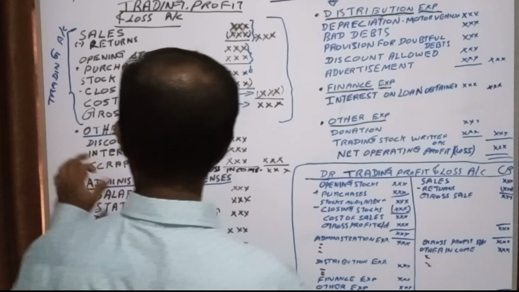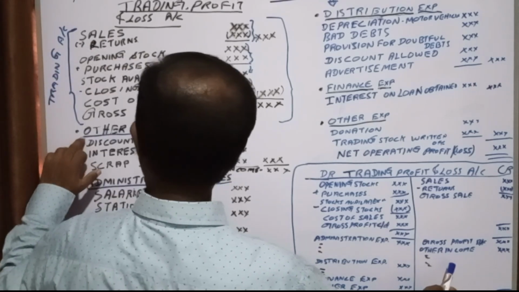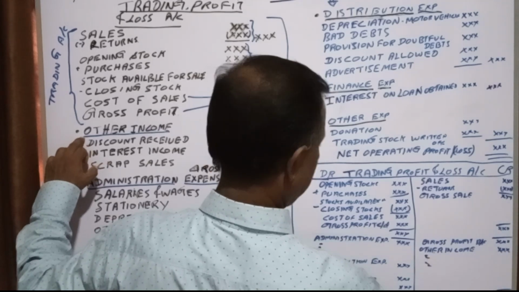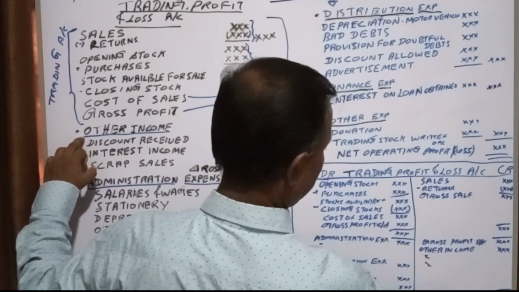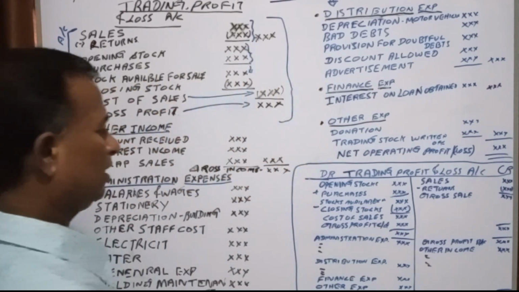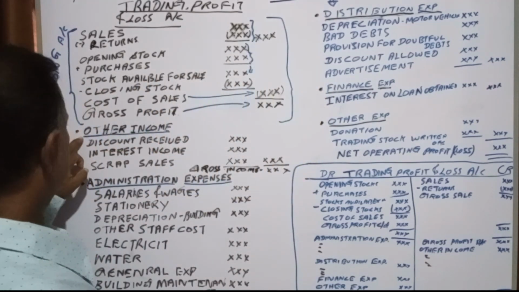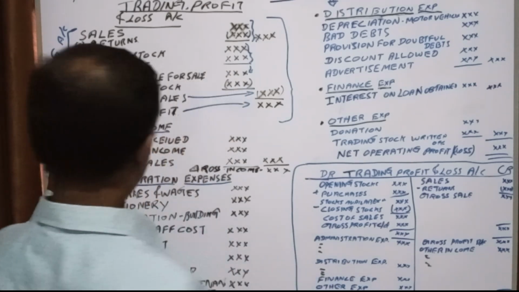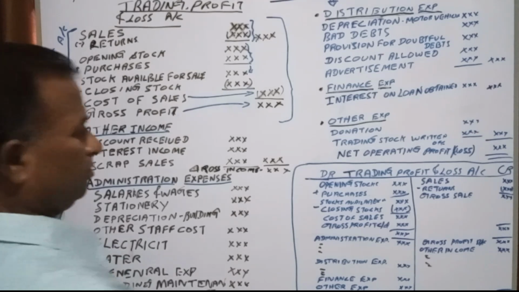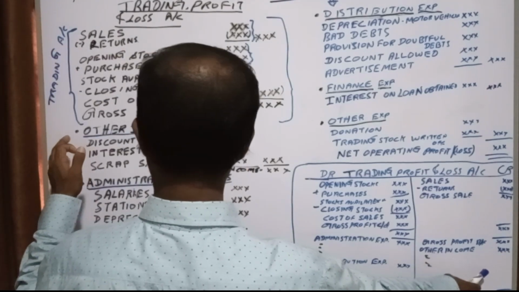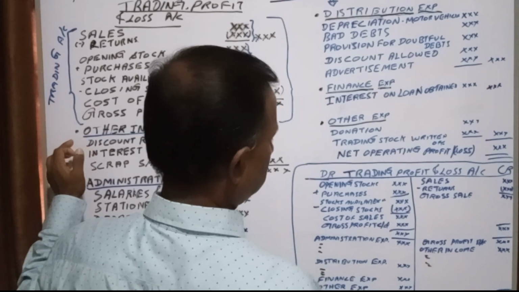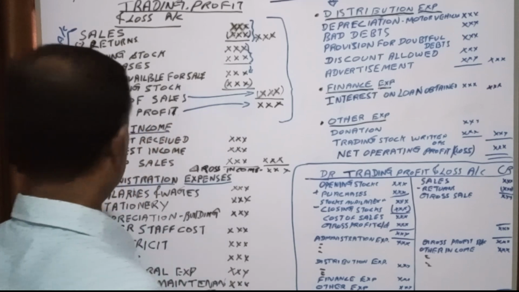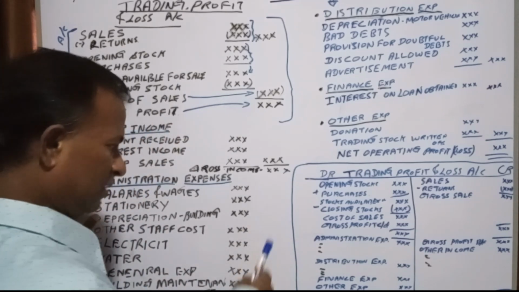With that, we are adding the other income, right? Then here we are arriving at the gross income. Okay, gross income. I didn't write it here in detail. These things I haven't mentioned, but you can write them out and have a look. So other income is mentioned here, and we are adding that one. Administration expenses are on the debit side.